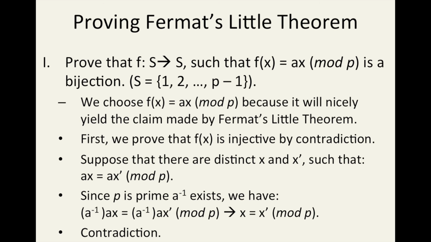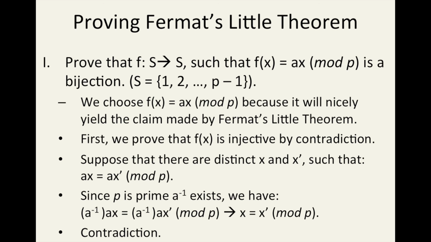And first we're going to prove that it's injective, or one-to-one. We're just going to do this with a really quick proof by contradiction. So suppose that there are different numbers, x and x prime, so like maybe 1 and maybe 2, and it actually is possible that ax is the same value as ax prime in the world of mod p.